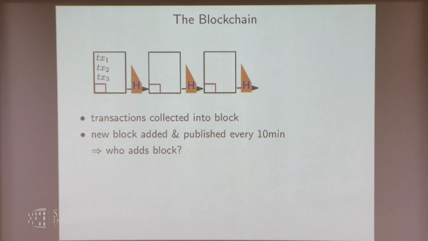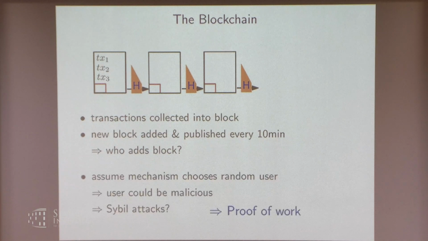The goal was to have a completely decentralized system. So there's no authority that could take care of this. There's only users, and everyone is equal. One idea we could do is just pick a random user and let the user add the next block.